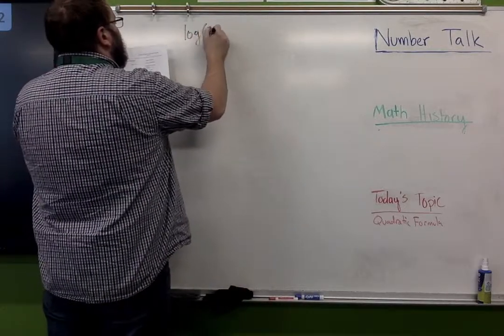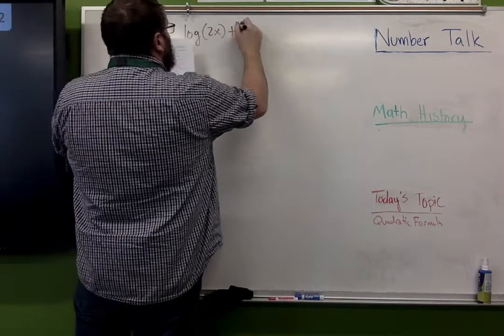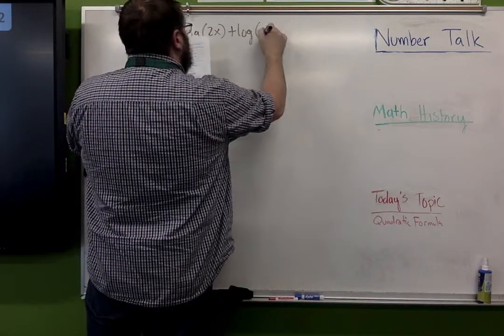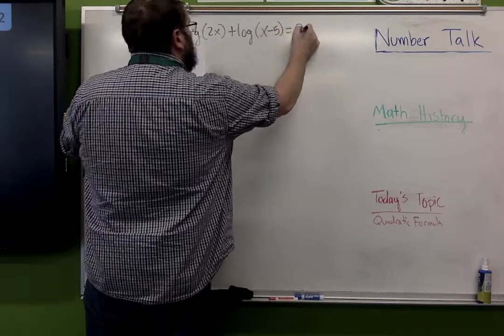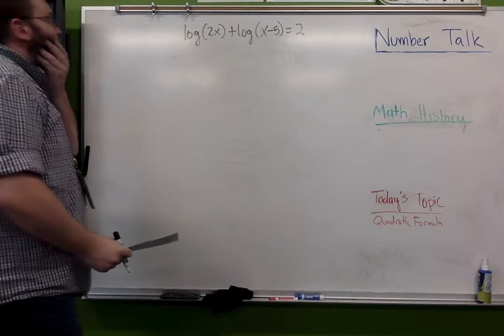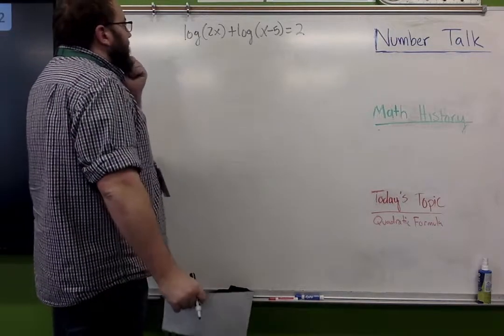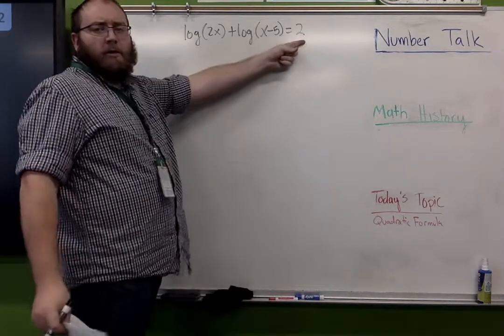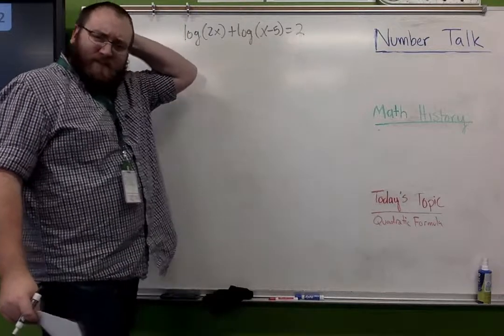Common log of 2x plus common log of x minus 5 is equal to 2. Well, these bases are the same, but there's no logarithm over here. So we're going to have to convert.